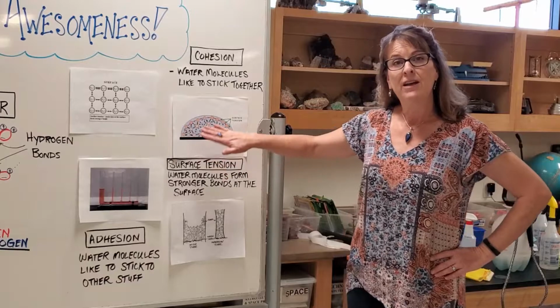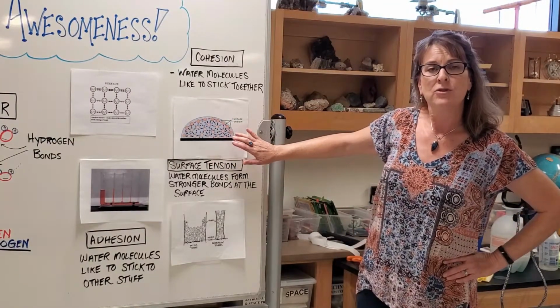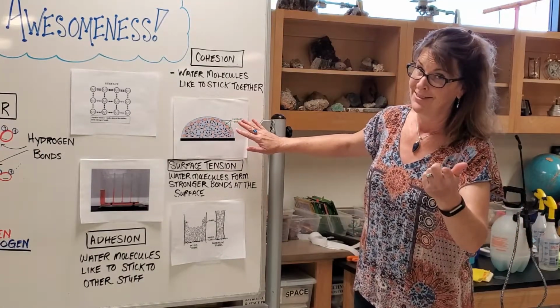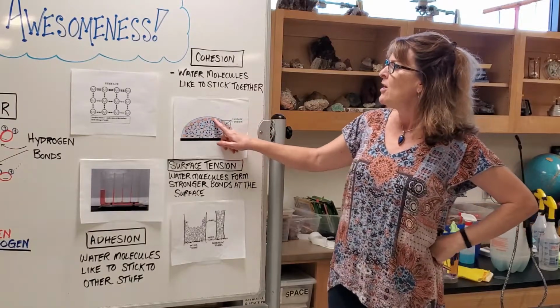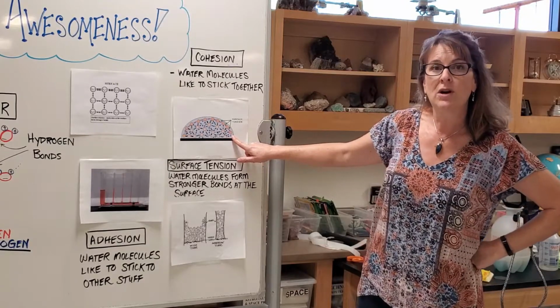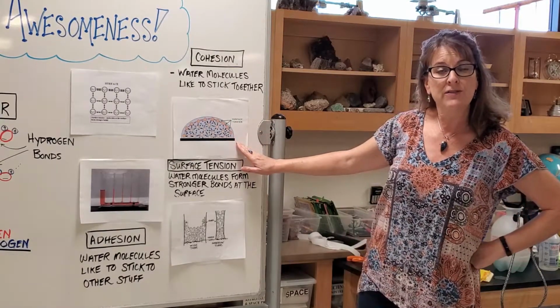When we have a little droplet of water, the little molecules inside the droplet of water are sticking together. That's called cohesion. Good. And at the surface, they're sticking together with stronger bonds. And those stronger bonds are called surface tension.